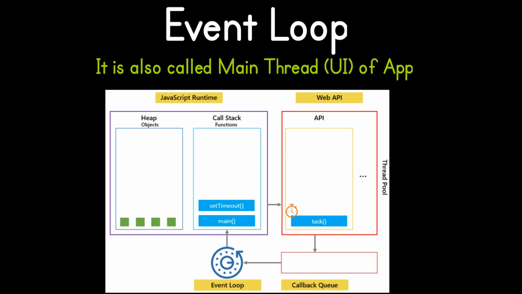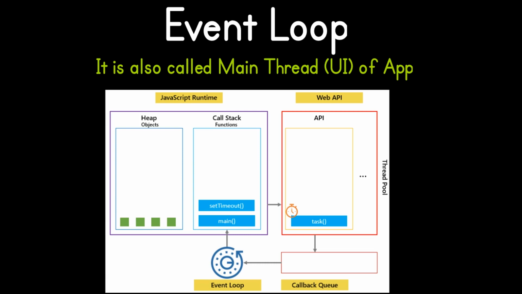And you can see inside we have the call stack. The event loop's responsibility is to check if any callback function is present inside the callback queue, then it needs to transfer that function to the call stack, and that call stack will execute that function. And whenever there is nothing present inside the call stack, then it again checks in the callback queue, or it again checks in the MicroTask queue.